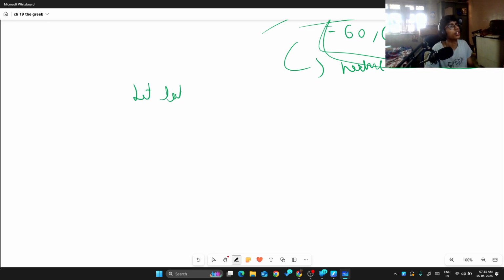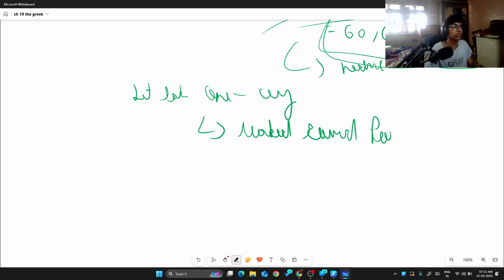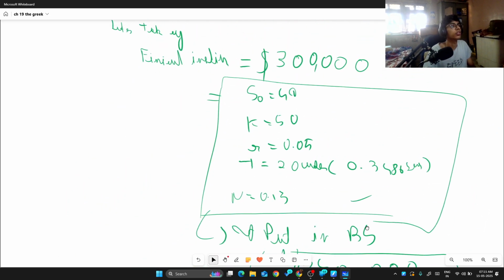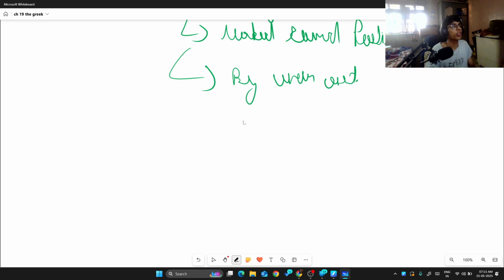Let's take one way to hedge our position: the naked covered position, which means to buy the underlying asset. Our strike price was 50. If the price is below 50, then our total profit would be $300,000 because we sold the derivative.